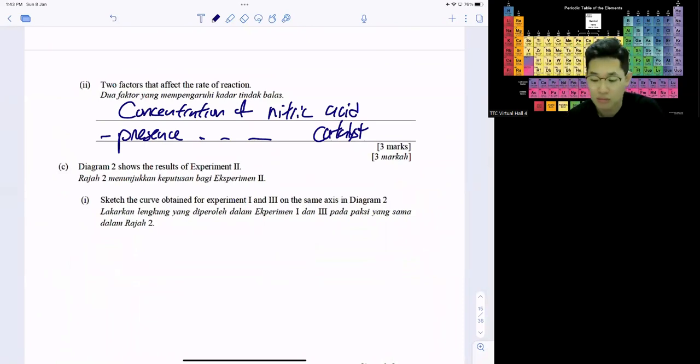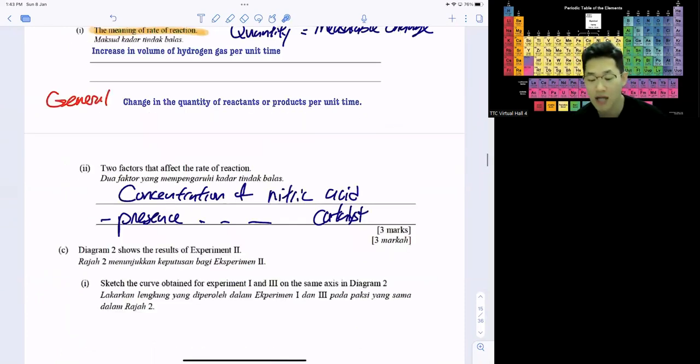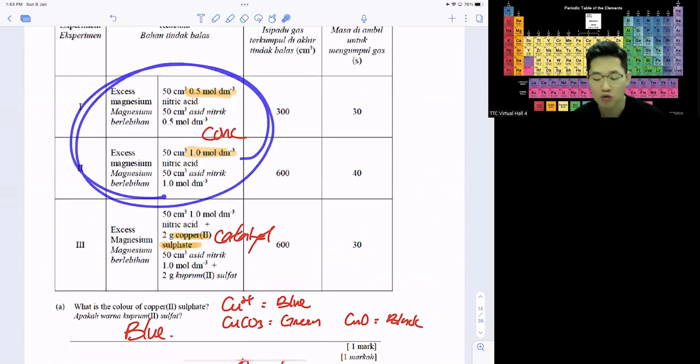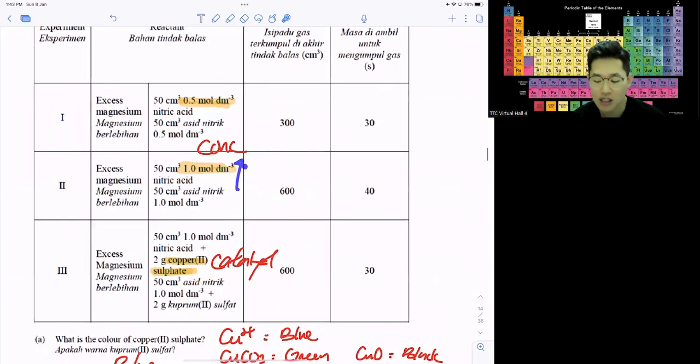Now we are going to sketch the curves obtained from experiment 1 and experiment 3 on the same axis. I removed the diagram actually. So now we sketch 1, 2, 3 together. Experiments 1 and 2: higher concentration, higher rate of reaction, right?